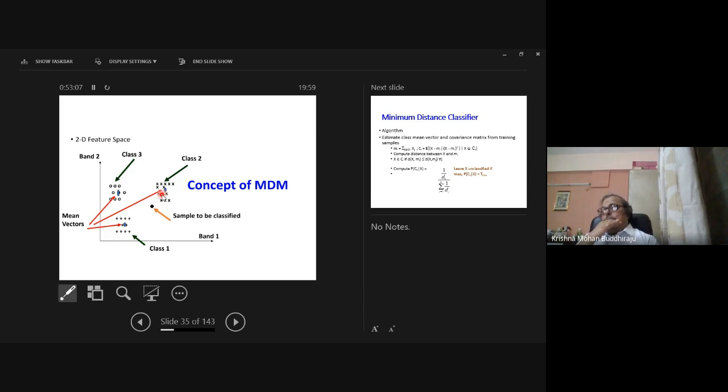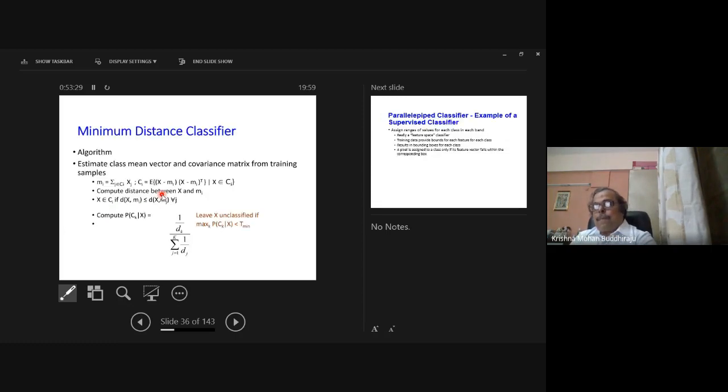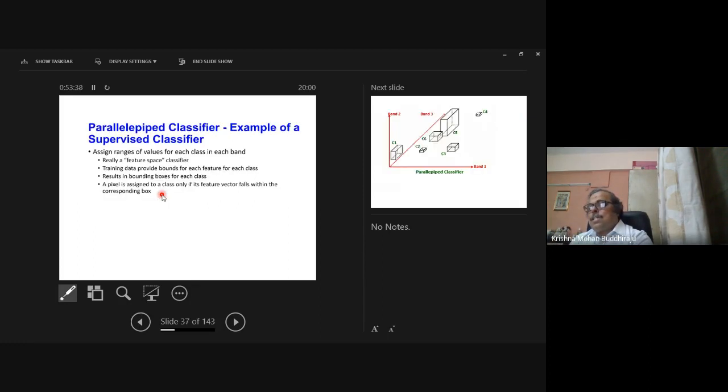We're assuming that around the mean, all the samples are distributed in a hyperspherical region, so equidistant from the center in any direction, the sample will belong to that class. I've just put down a few steps for you. You can look them up later. I'll share the slides.